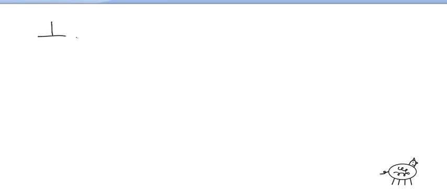It's parallel to 5x plus 2y equals 16. So remember, I got to pull the slope off of here, so I have to solve for y, okay? Because I need the slope.